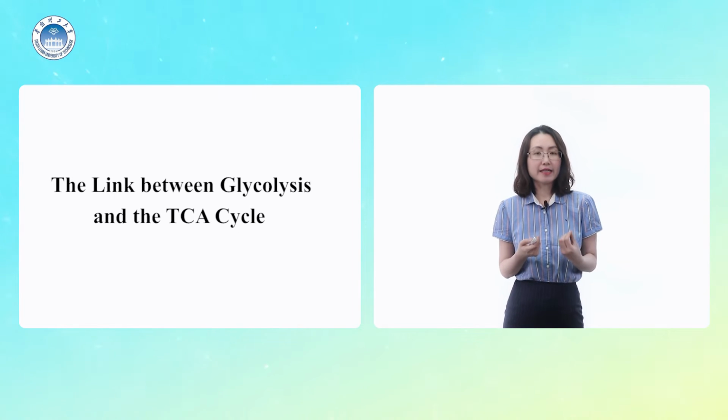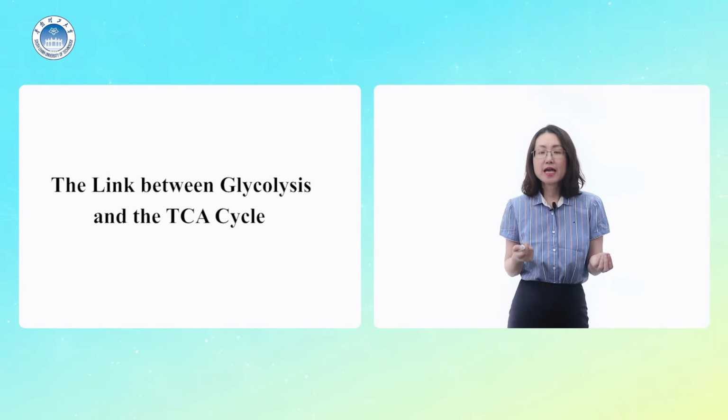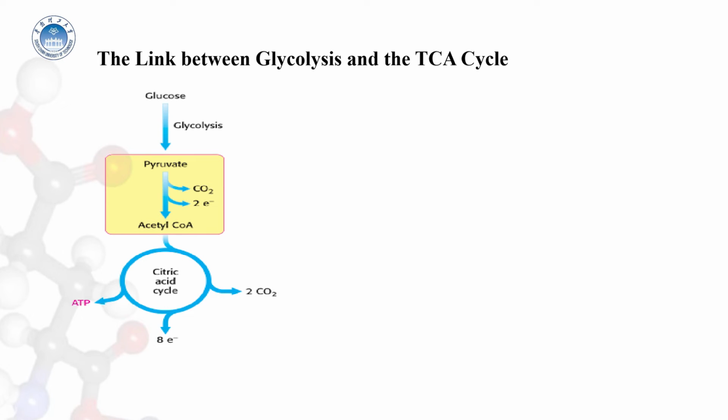So let's see the link between glycolysis and the TCA cycle. Do you remember glycolysis? It is a process in which one glucose molecule is broken down to form two molecules of pyruvic acid, which we also call pyruvate.